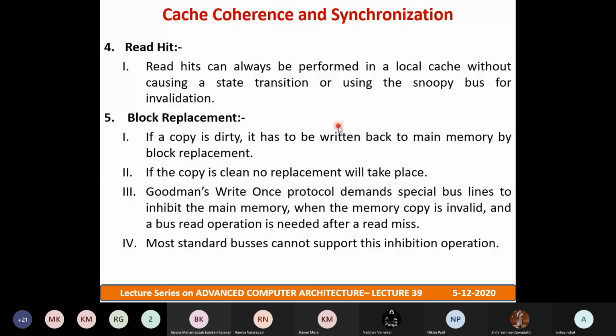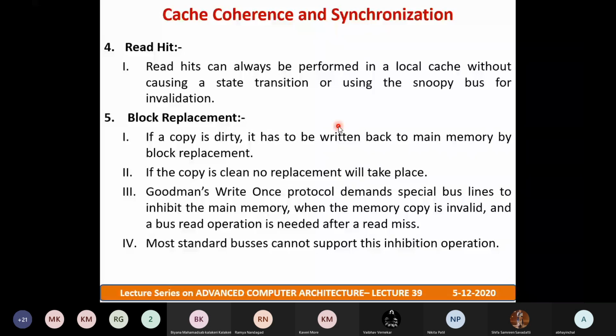Then finally block replacement. If a copy is dirty, it has to be written back to main memory by block replacement. Since it has been written more than once, it needs to be written back to the main memory. If the copy is clean, no replacement will take place.